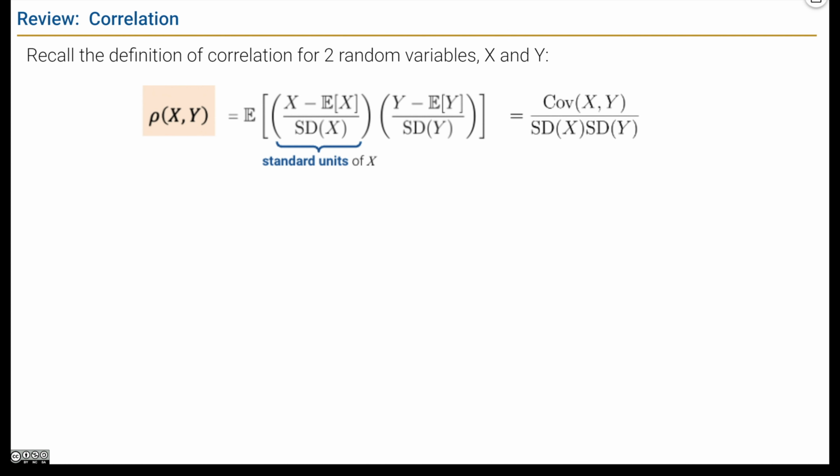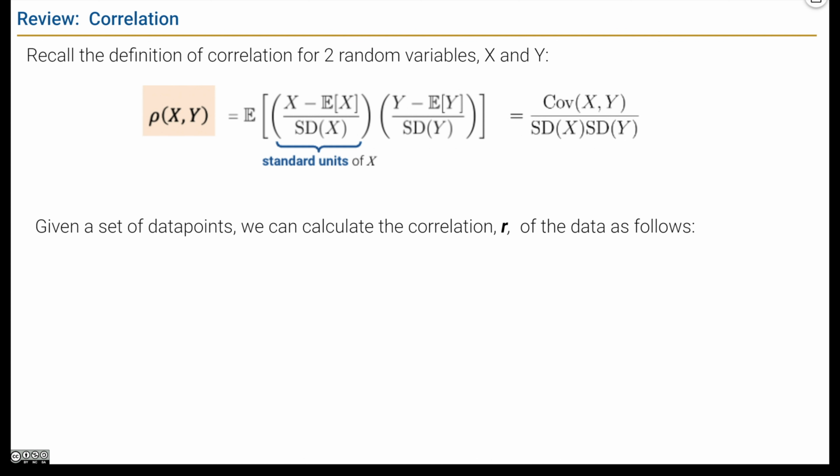For two random variables, X and Y, this was the definition of the correlation. It was a value between -1 and 1, and it gave us a sense of how linearly related the variables were, and also an assessment of how spread out they were around a line.